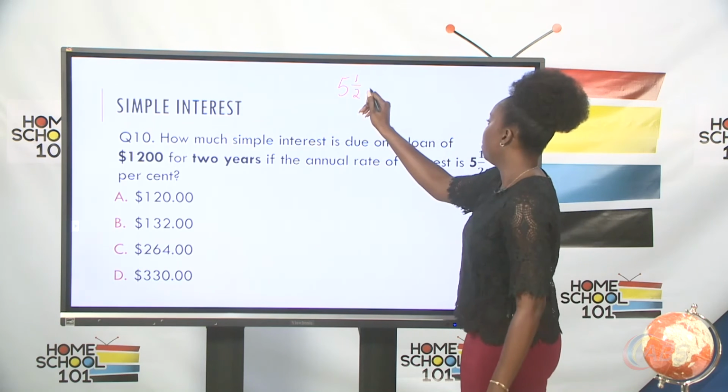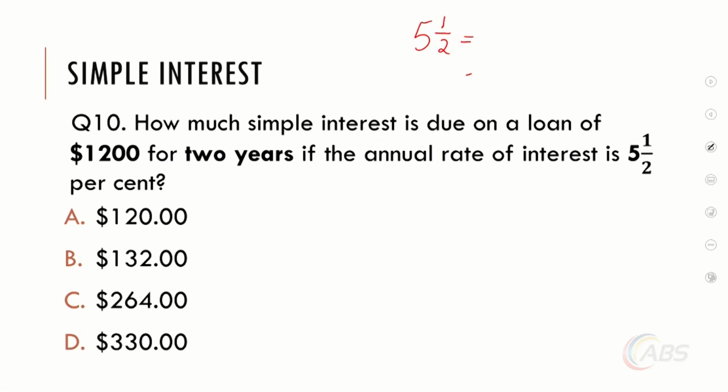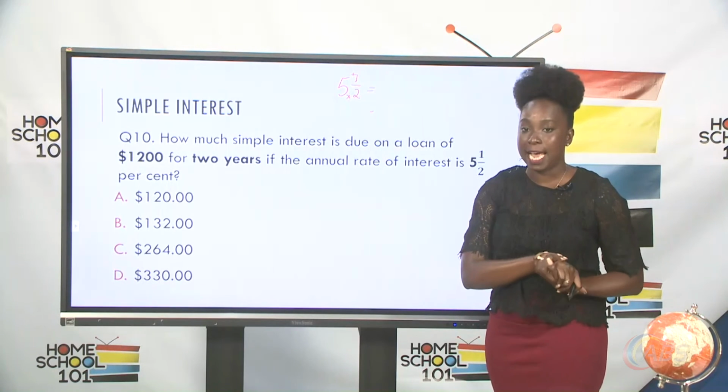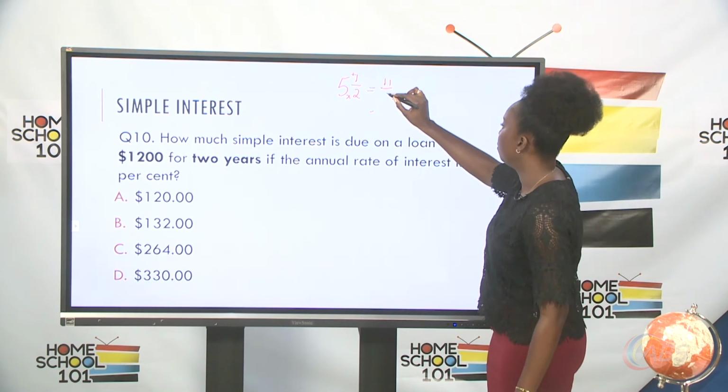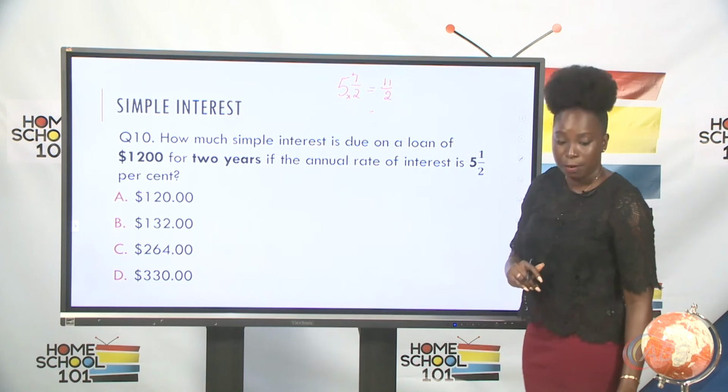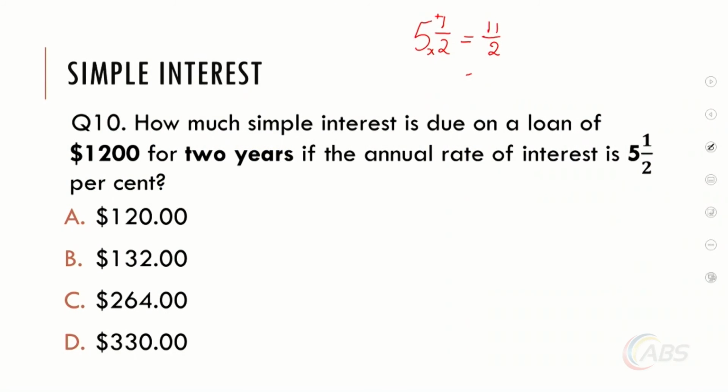And we know that when we change mixed numbers to improper fractions, we multiply the denominator by the whole number and then add it to the numerator. So 2 times 5 is 10. 10 plus 1 is 11 over 2. So now we have 11 over 2.